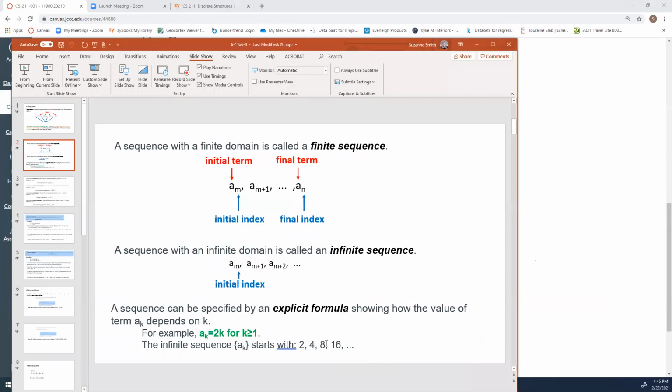So this isn't right. Okay, so this would be a 6 here, right? So if k is 1, then we have a 2. Then 2 times 2 is 4. 2 times 3 is 6. 2 times 4 is 8. I kind of had that in there wrong. So this is what those first few terms would be for this particular sequence here.